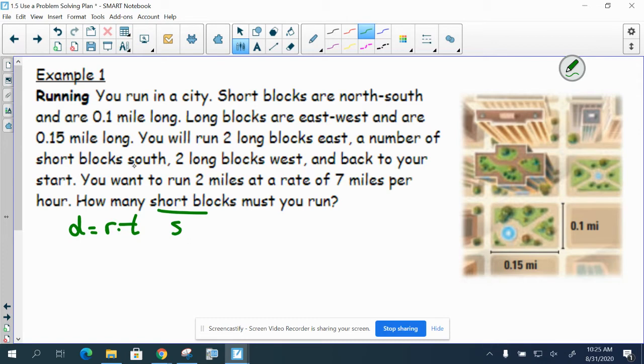So that's similar to this because we have the total number of blocks we've gone. This is a little bit different than the dirt equation, but it's a similar concept. So the total number of blocks, so number of blocks times the distance per block.